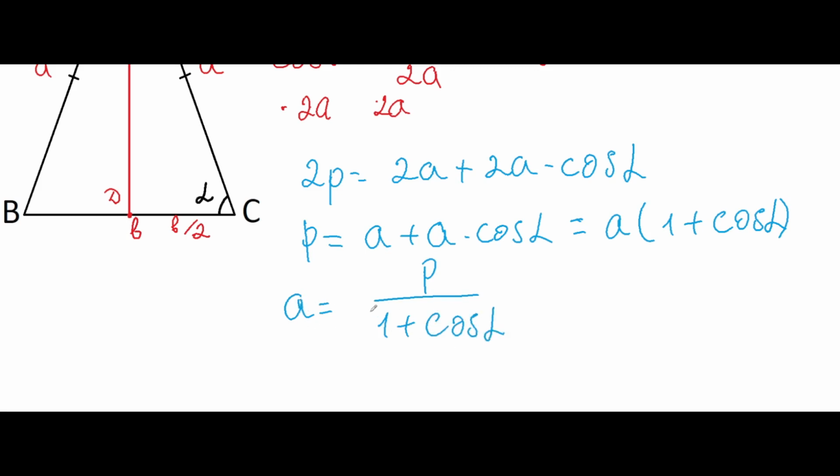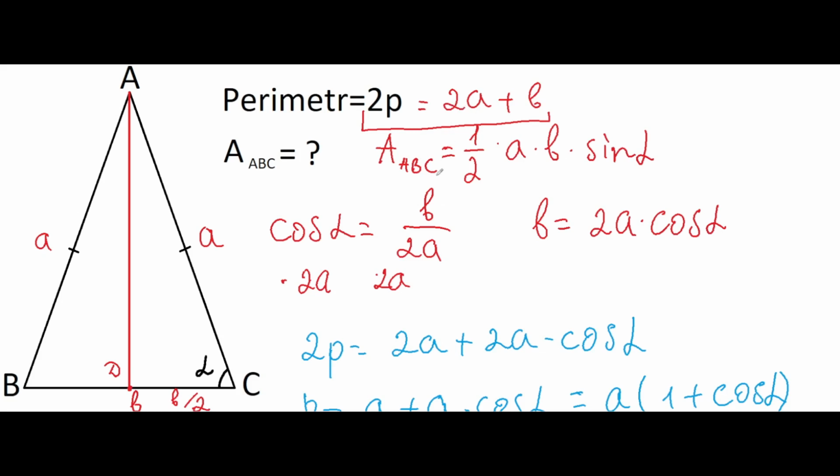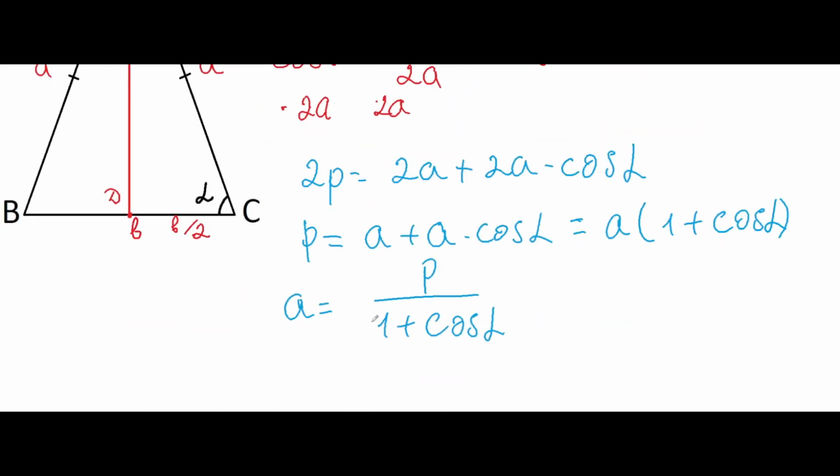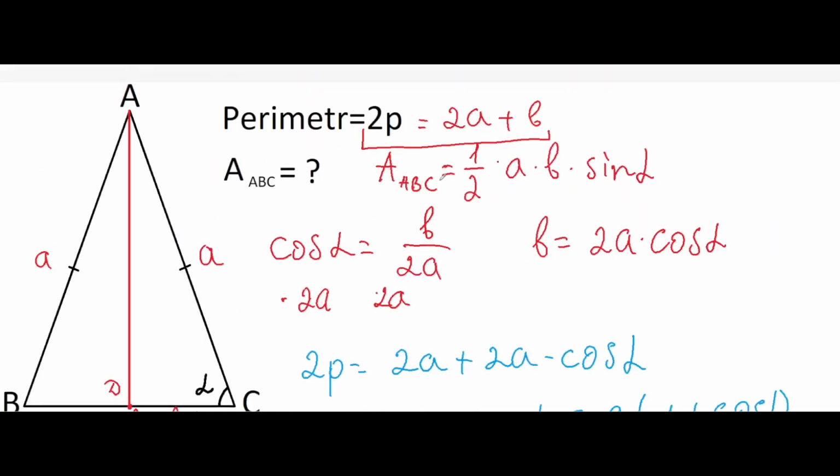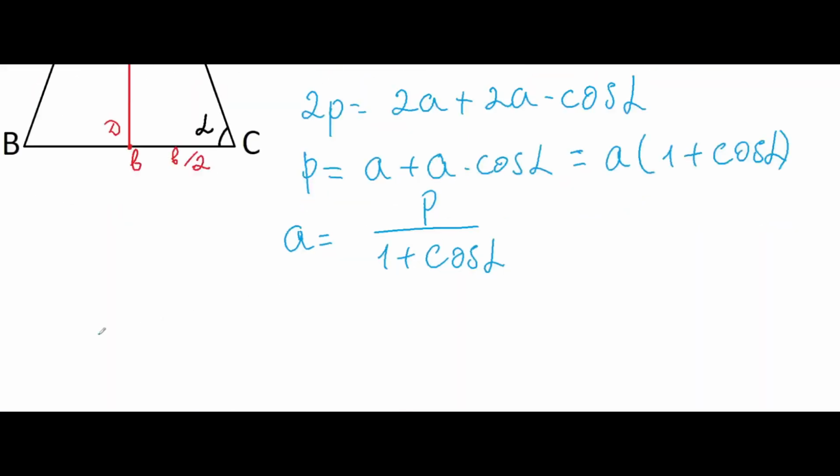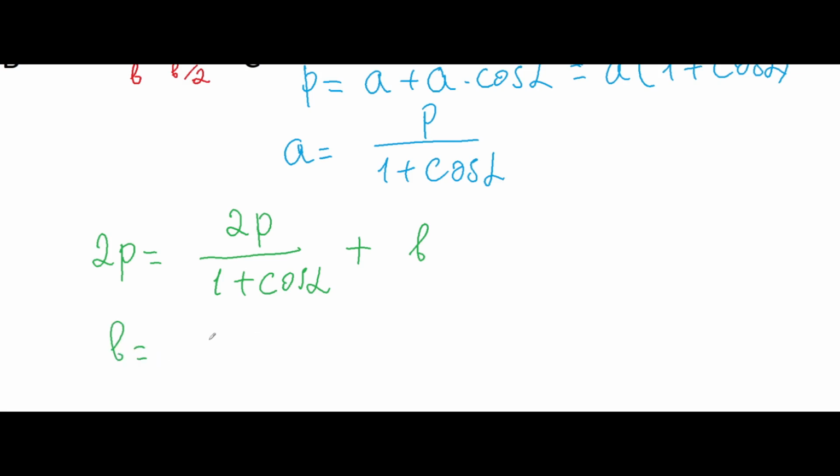Here we found A, and now we can find B by plugging in the found value of A. Here 2P will be equal to 2 times P over 1 plus cosine alpha, that is 2 times A, plus B. Now B will be equal to, if we subtract this expression from both sides, 2P minus 2P over 1 plus cosine alpha.